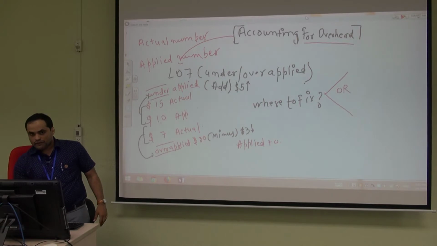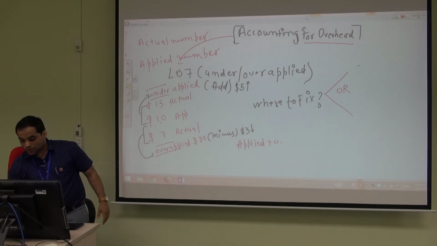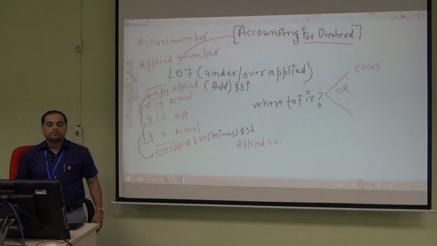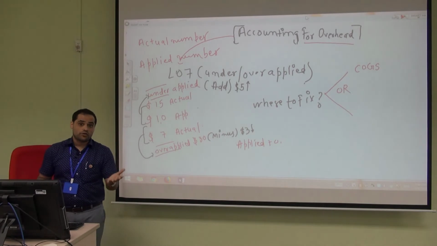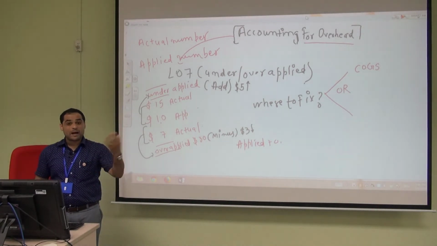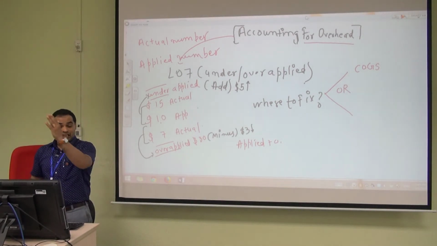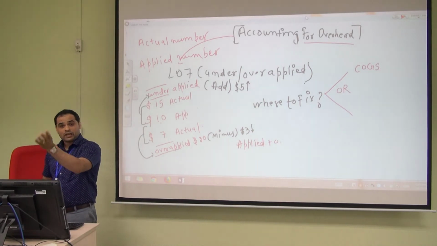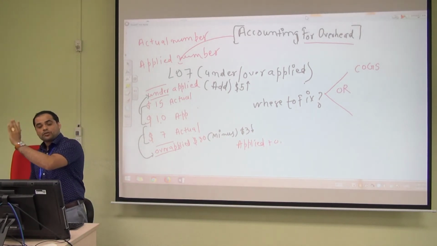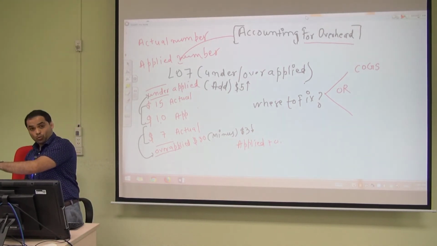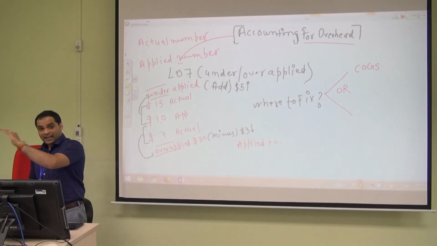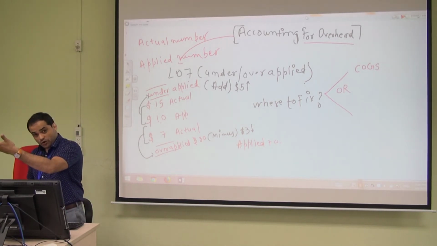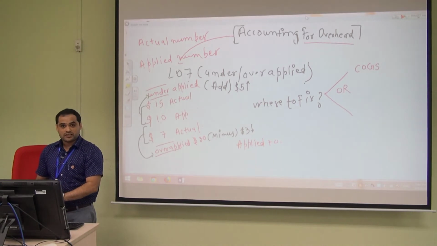The first option is to increase or decrease your cost of goods sold, because factory overhead is a part of cost of goods sold. You used applied overhead in your overhead account, in working process, in finished goods, and in cost of goods sold, and you used that applied factory overhead to calculate your total cost.